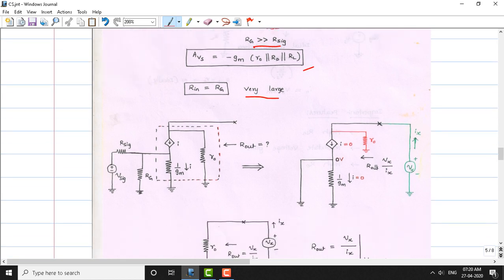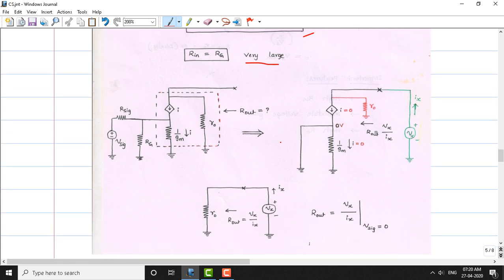Now, to estimate the output resistance, as we said while discussing the characterization of amplifiers, we need to connect an external temporary voltage source, namely Vx, at the output, and the current resulting from this voltage source is Ix. So now here we have an AC equivalent circuit.